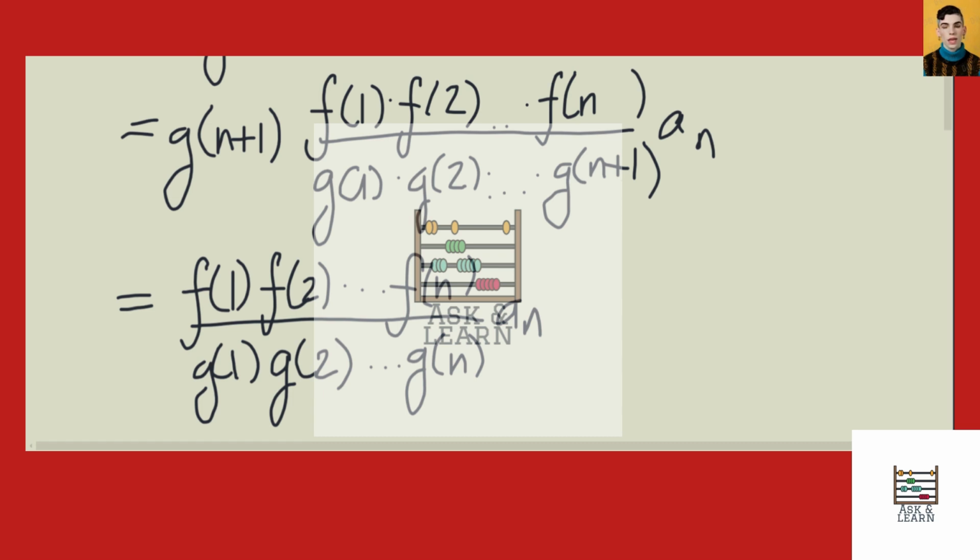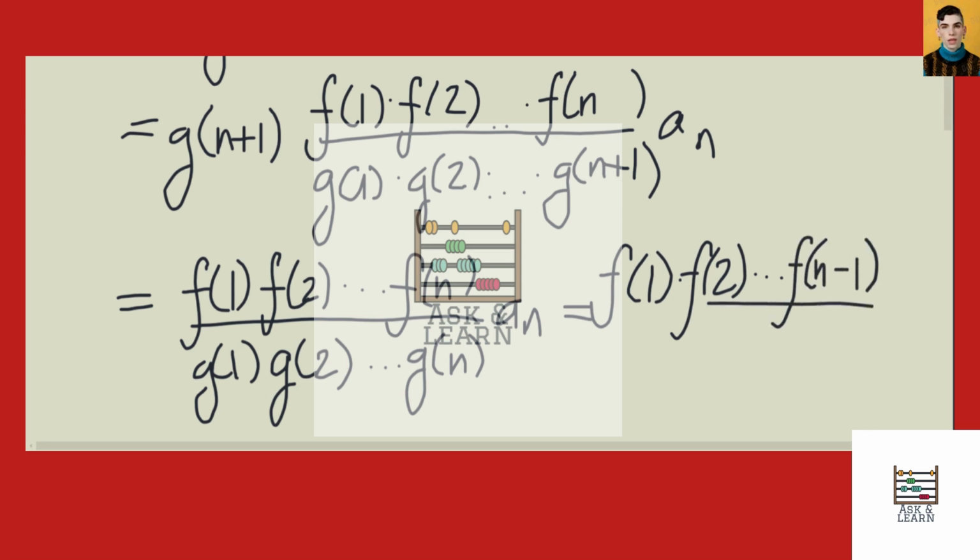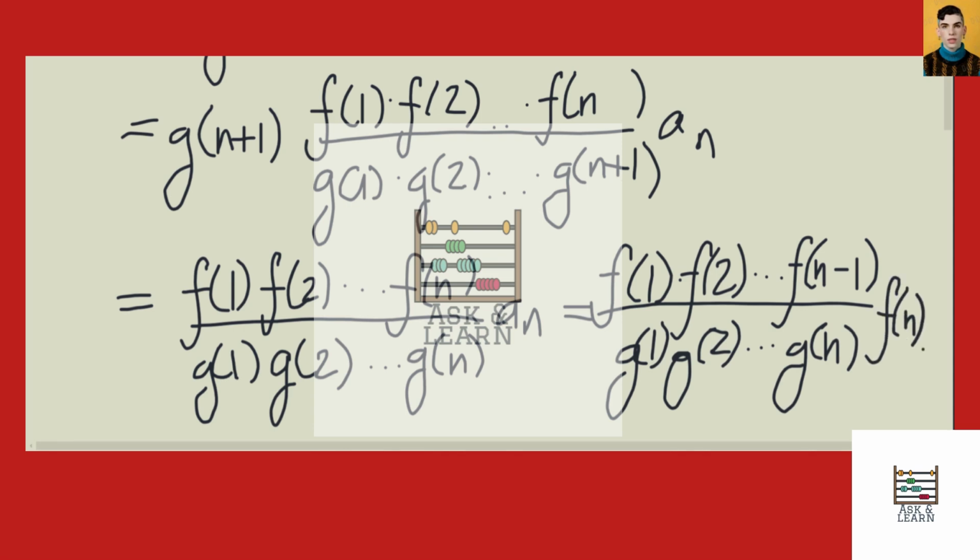We can rewrite this as f of 1 times f of 2 up to f of n minus 1 over G of 1 times G of 2 up to G of n times f of n times A of n.